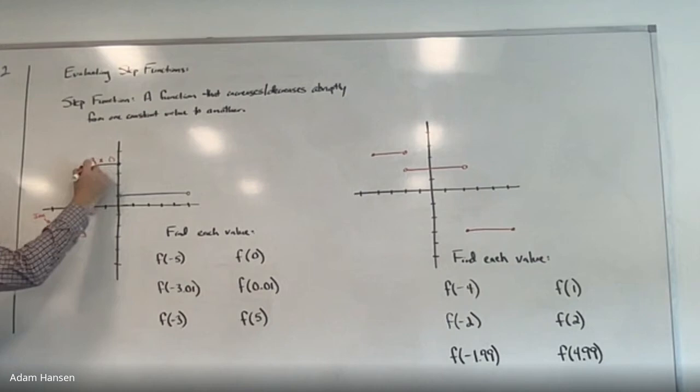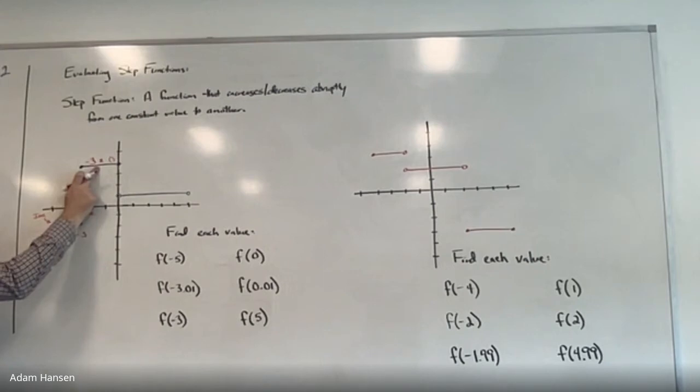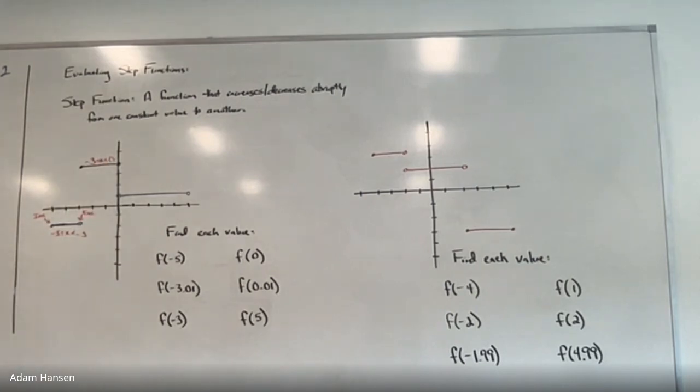So for all x values, from -3 to 0, I'm going to use this step to evaluate the function. They're both closed dots, so they're both included. I'm going to need equal to for both of them. For all x values from -3 to 0, including both 0 and -3, we'll use the top step in the graph to find our answer and a value.